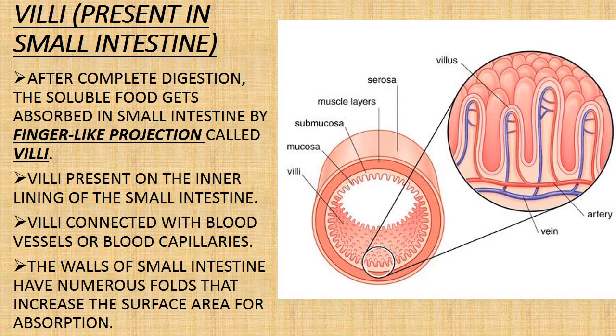So today we have discussed liver, and bile juice stored in the gallbladder. The main function of bile juice is that it breaks down the large fat globules into smaller or simpler fat globules, and this process we call emulsification. Now we have discussed pancreas.